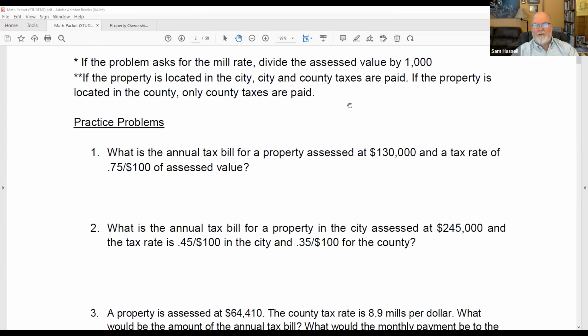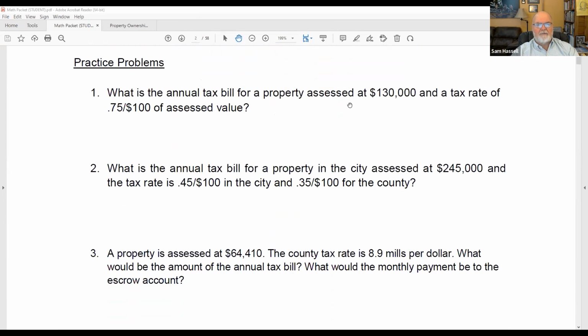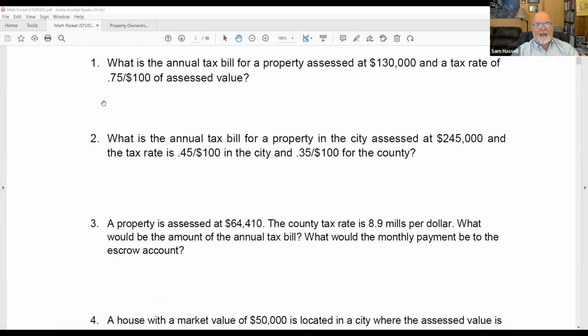Okay. Now we've done some problems before, but I want you to take a shot at problem number 1. What is the annual tax bill for a property assessed at $130,000 and a tax rate of 75 cents per 100 of assessed value? Go ahead, take a moment to do that.